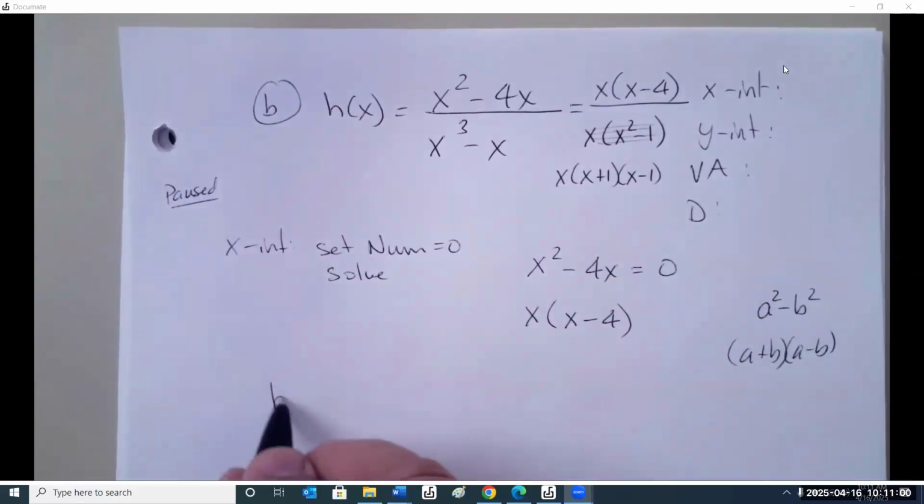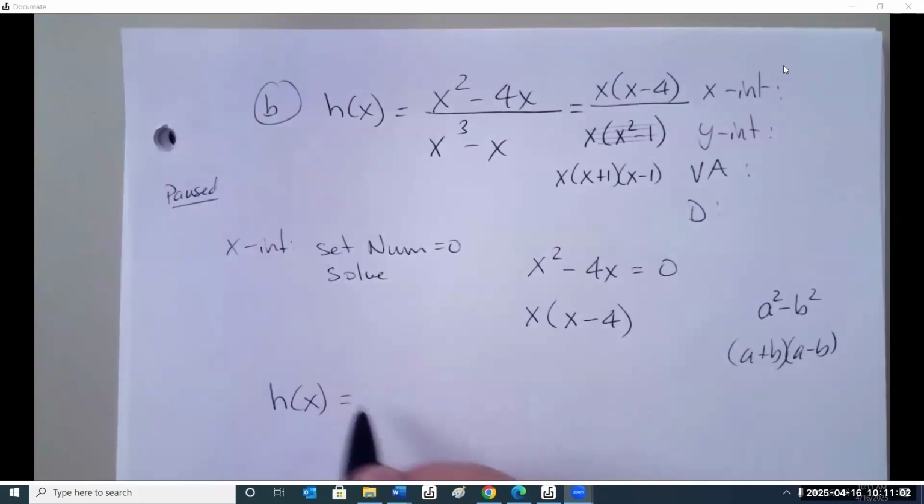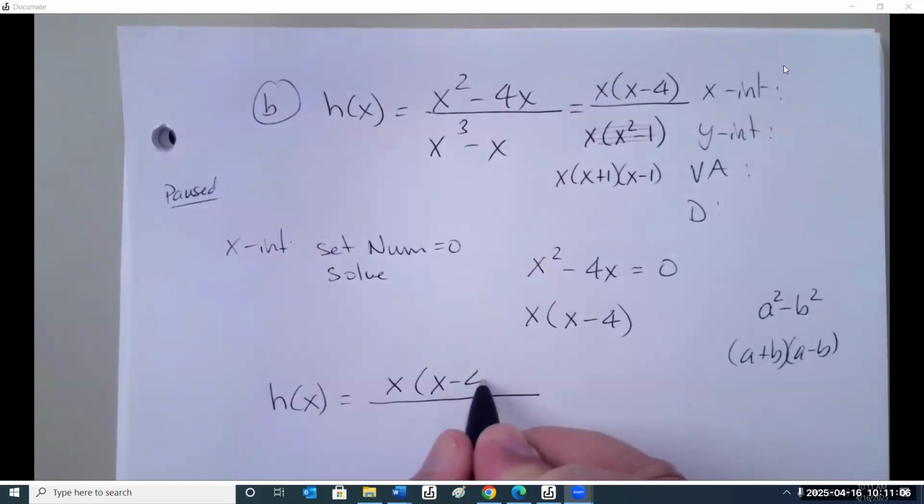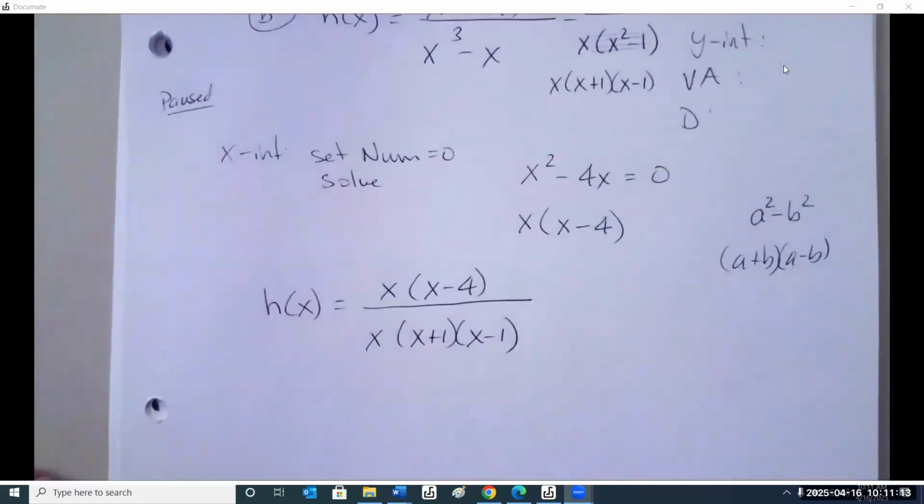But before we go any further, this is an important factor. We have x minus 4, x plus 1, x minus 1. Can anything cancel?